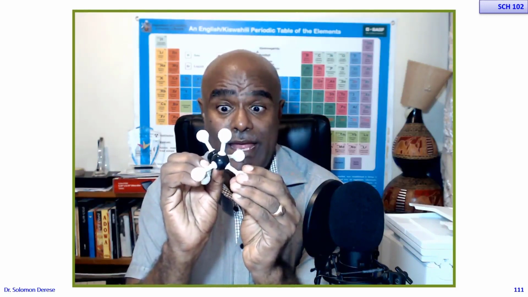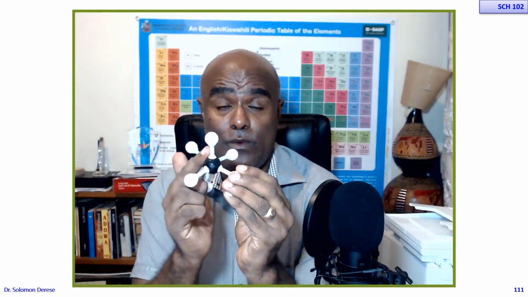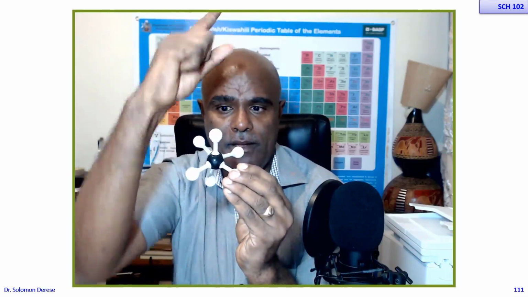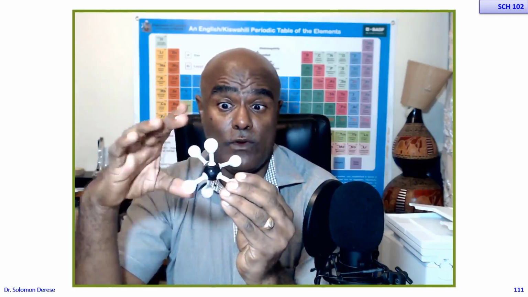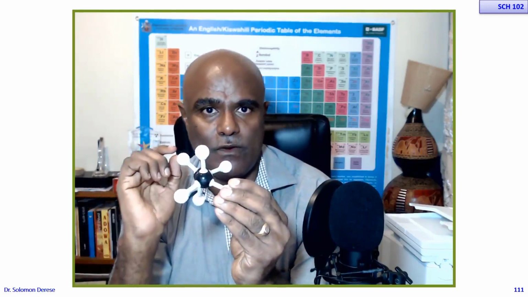They will no more be eclipsing each other, and then there will be a point where this one is facing up while the other one is facing down. This one is facing down, this one is facing up. This conformation is called the staggered conformation.